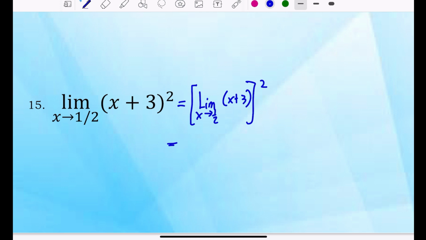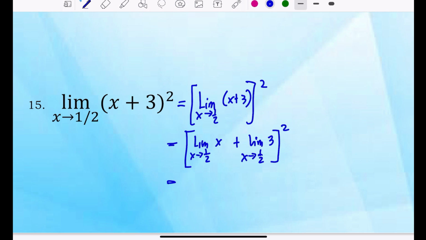So this is the limit of a power function. So the limit of x plus 3 will become the limit of x where x approaches 1 half plus the limit of 3 where x approaches 1 half, quantity squared.